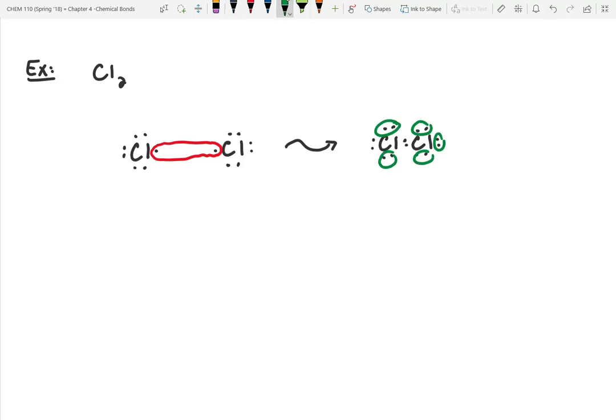I'll circle those in green. And then we've got another type of electrons that are shared in the middle. The ones in between two atoms are called bonding electrons. They're the electrons that are shared in between two atoms. And then the electrons that aren't shared, the ones more on the outside, those are called lone pairs.